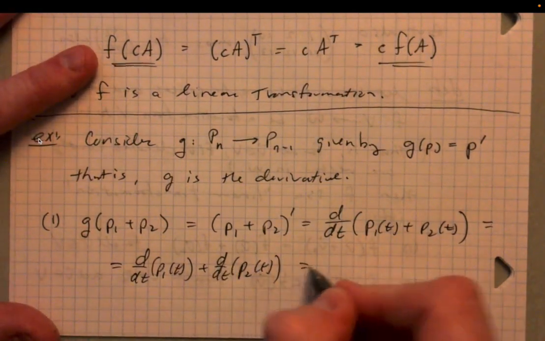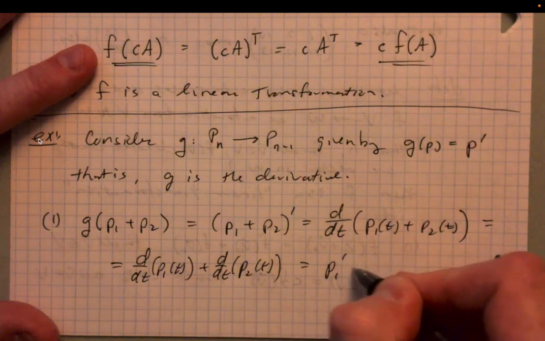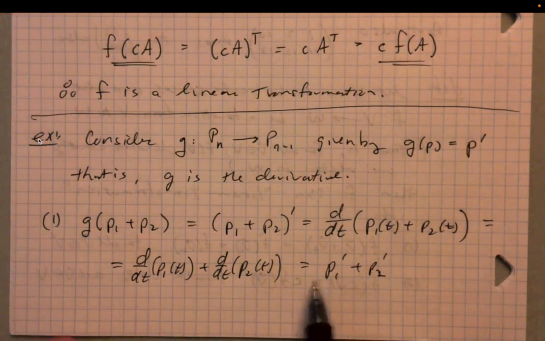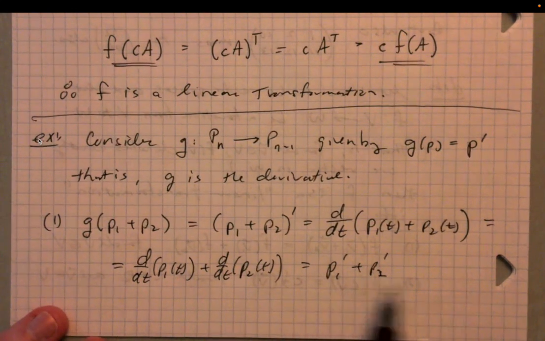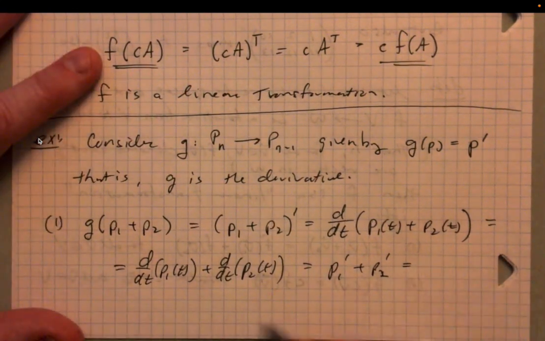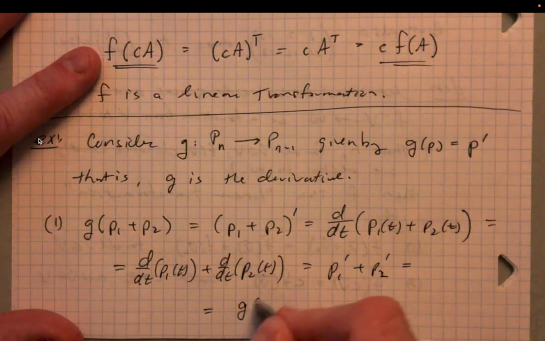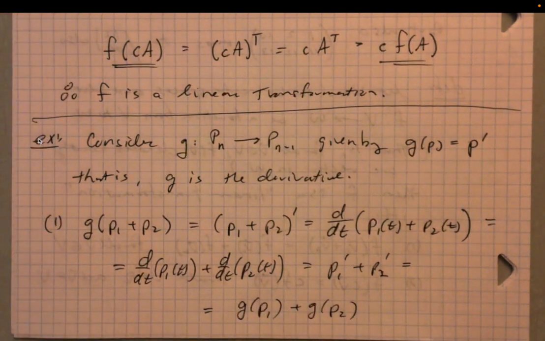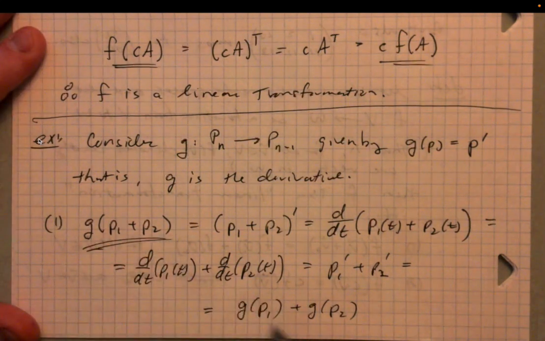Well, another, simpler way to write that is just p1 prime plus p2 prime. Right, and this is just taking the derivative separately of the two polynomials and then adding them together. So that is obviously just g of p1 plus g of p2, since g is the act of taking the derivative. When we apply g to a polynomial, we're taking the derivative. Okay, and so that's what we wanted to show, that that is equal to that.